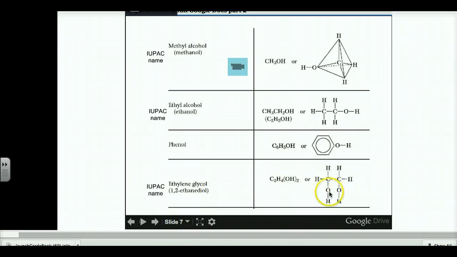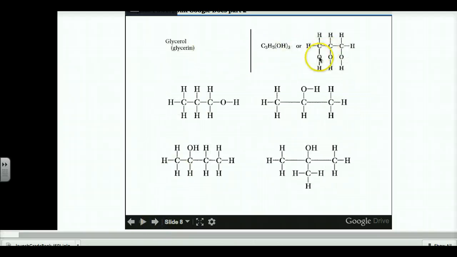Notice the 1, 2; eth means 2 carbons, ane is single bonds, and the diol is for the 2 OH groups. So glycerol is going to be 1,2,3-propanetriol. Prop because there are 3 carbons, ane because there are single bonds, and triol.